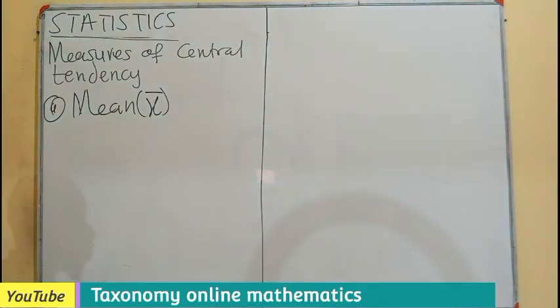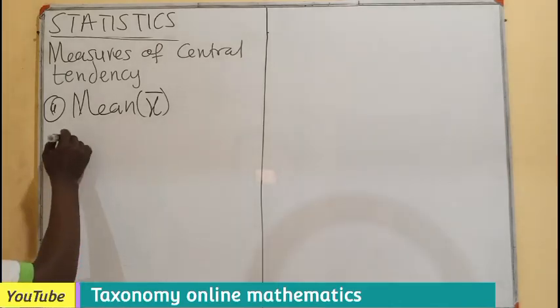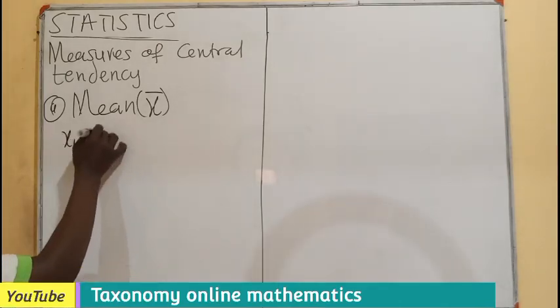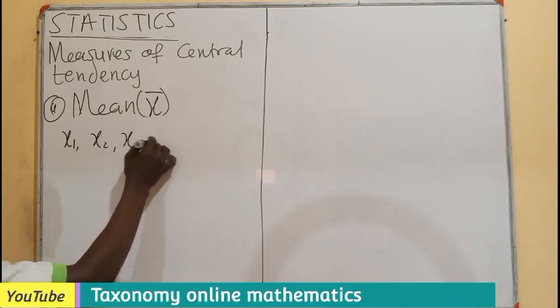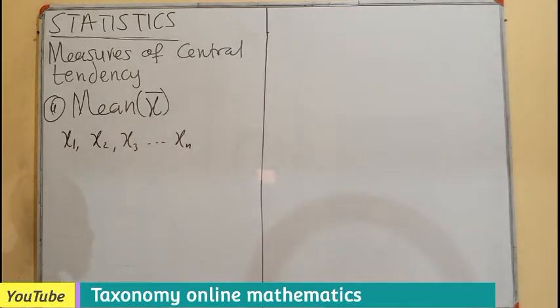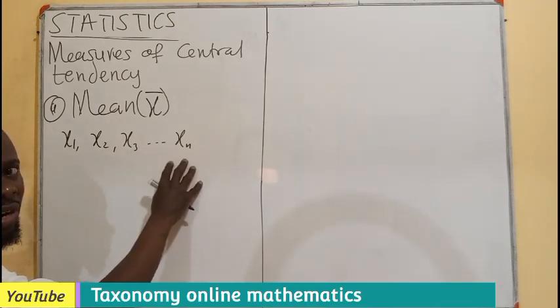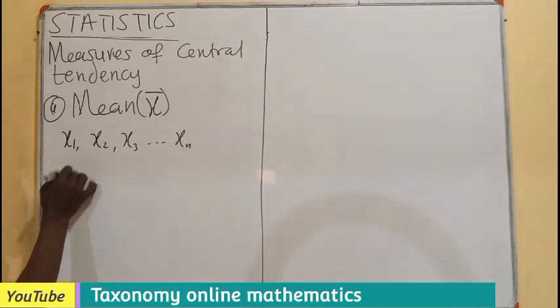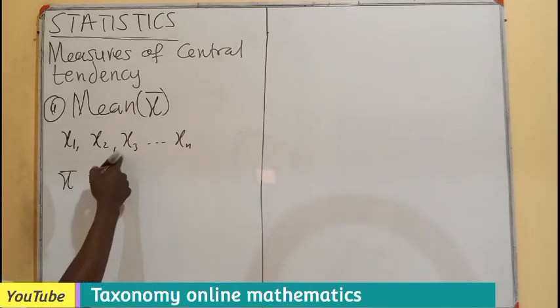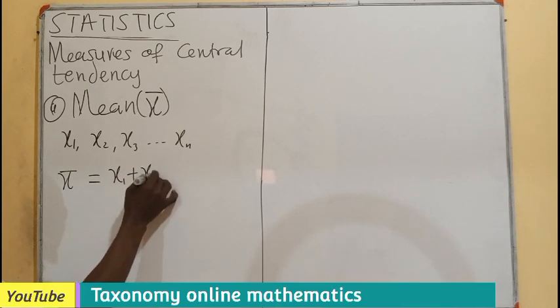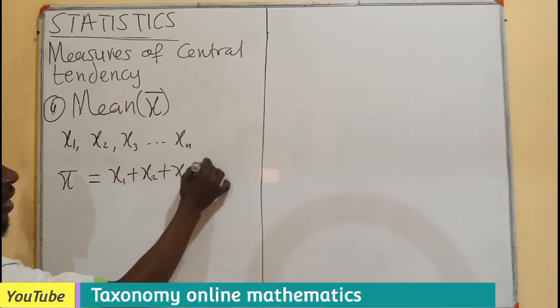So if we want to get the mean, let's say we are given a set of values of X. Let's say the values of X could be X1, X2, X3, up to Xn. Since it is the ratio of the sum of all values in the raw data, our mean is going to be adding all of these X1, X2, X3, Xn.